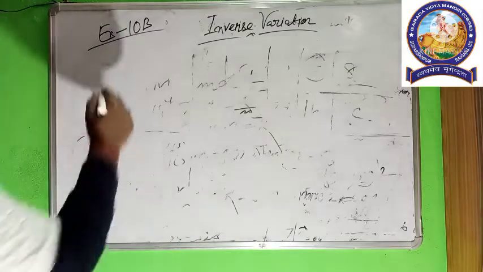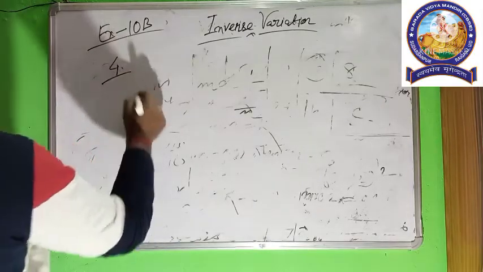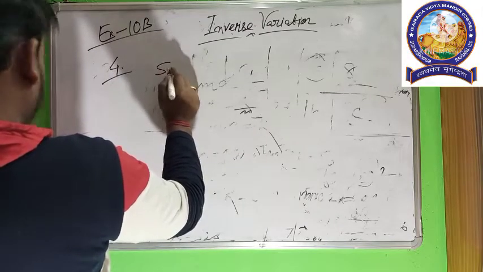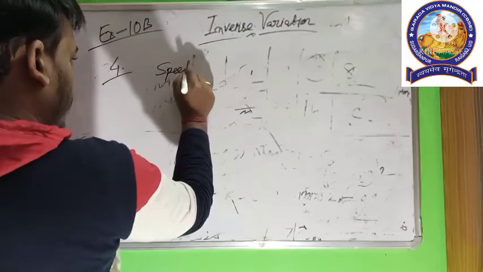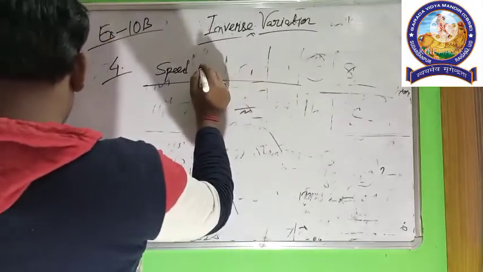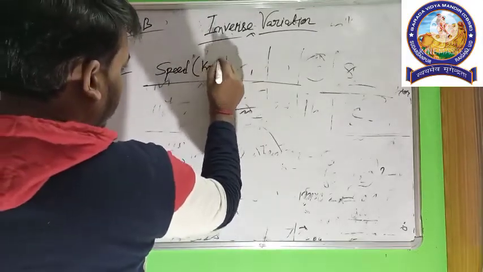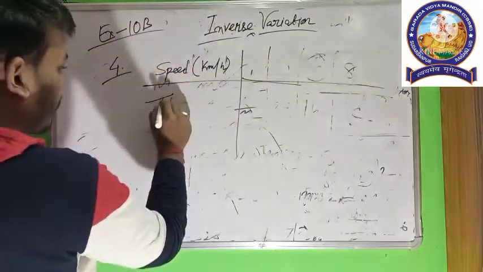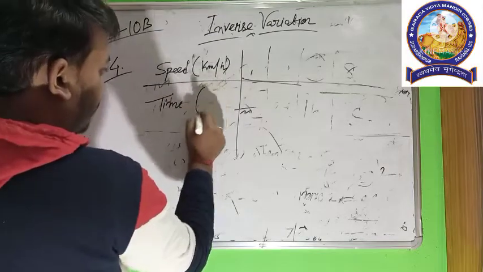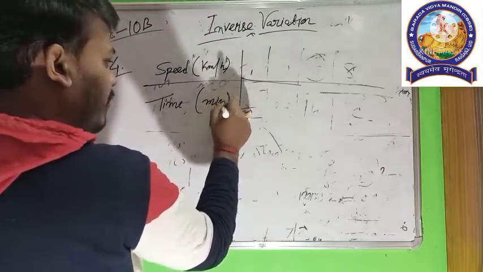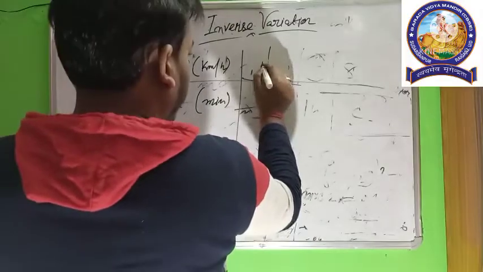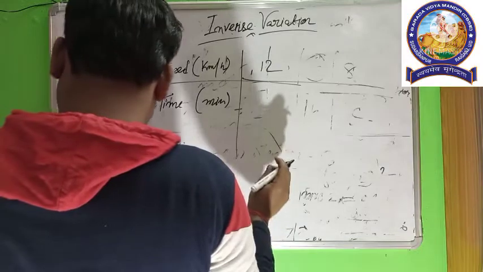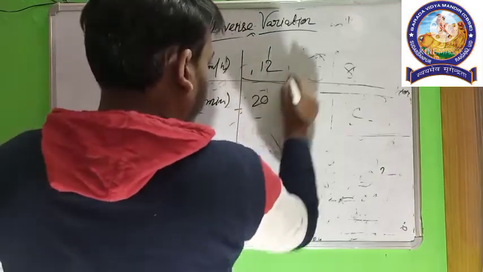So, speed in kilometers per hour, time taken in minutes. Okay, so first 12 kilometers per hour, it will be in 20 minutes.